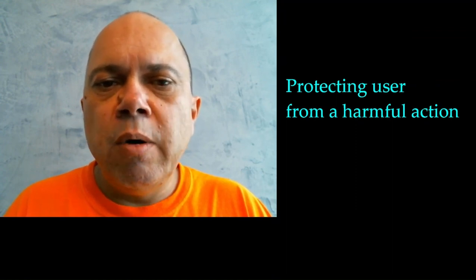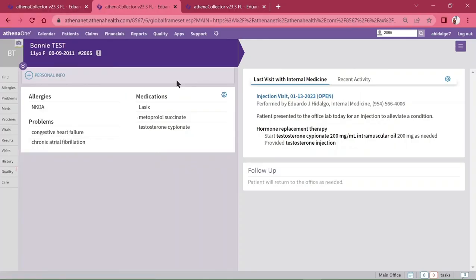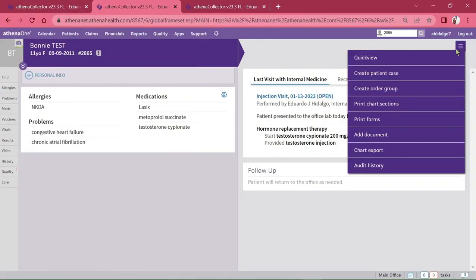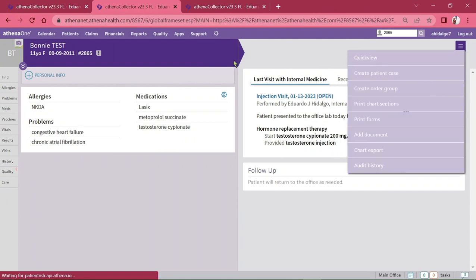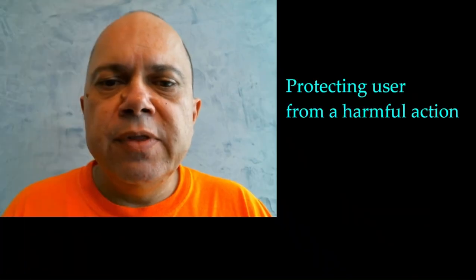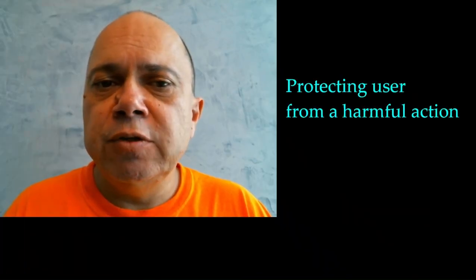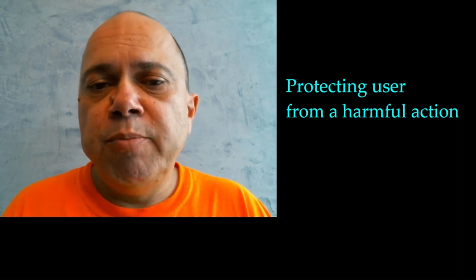What we would need to do normally is come to this page here for creating an order, and we don't know the context of the patient at this moment. We don't know when they were last seen. We don't know if they have a new appointment coming up.